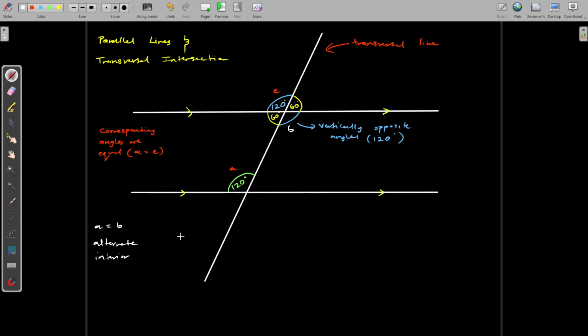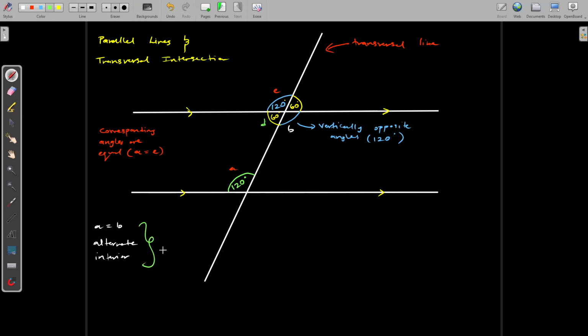So that's two properties. What's the other property? Exterior. I was going to ask if the Z angles. No, Z angles is alternate angles.